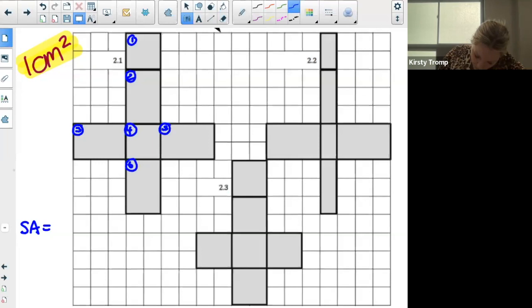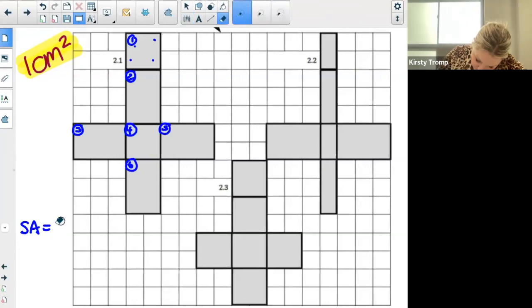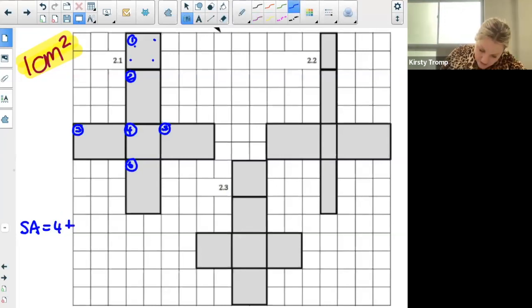Let's start with number 1. For number 1, how many squares do we have? We have 1, 2, 3, 4. 4 squares. Yes, ma'am. I'm going to take the brackets away because we don't need to worry about the brackets. So it's going to be 4, plus. In the second one, how many squares do we have? 1, 2, 3, 4, 5, 6.